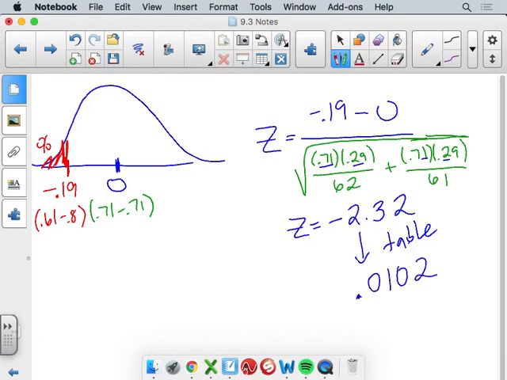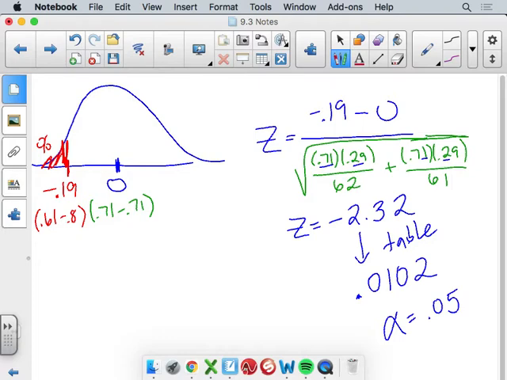The problem doesn't say an alpha of a certain level, so we're just going to use alpha of 5% as the baseline.